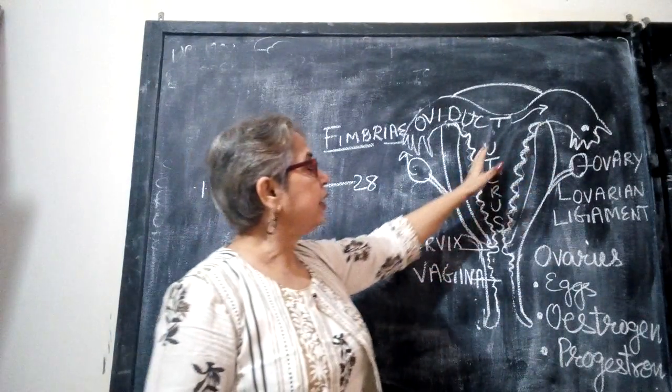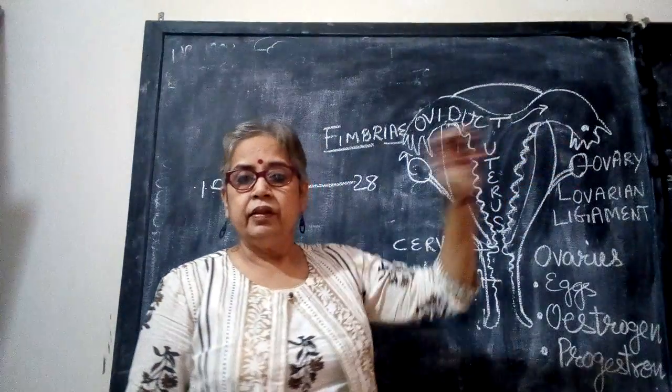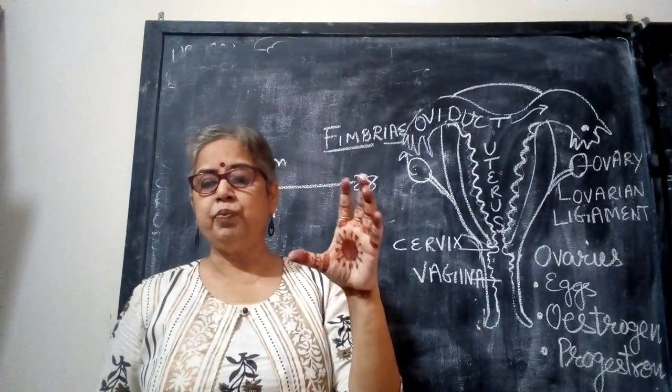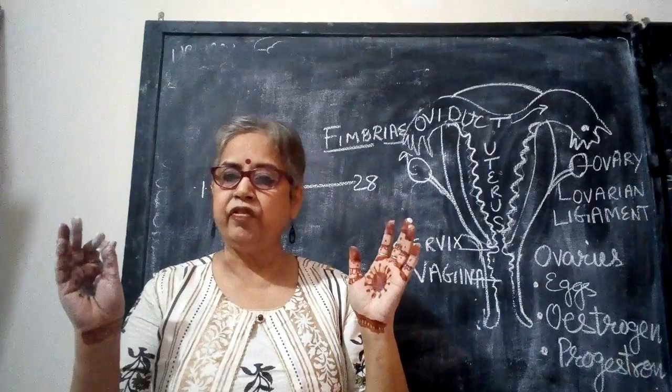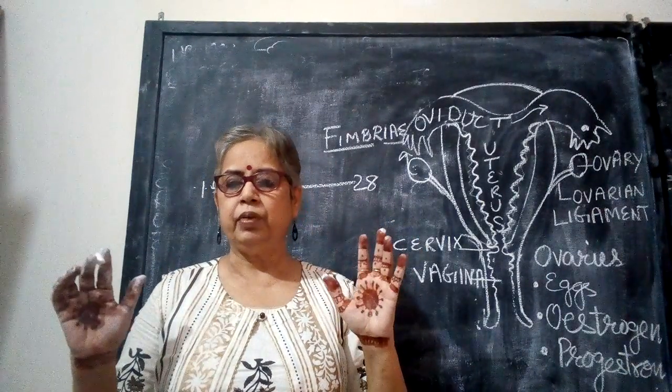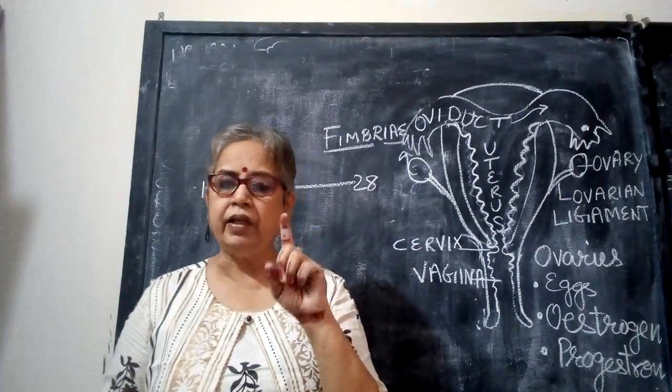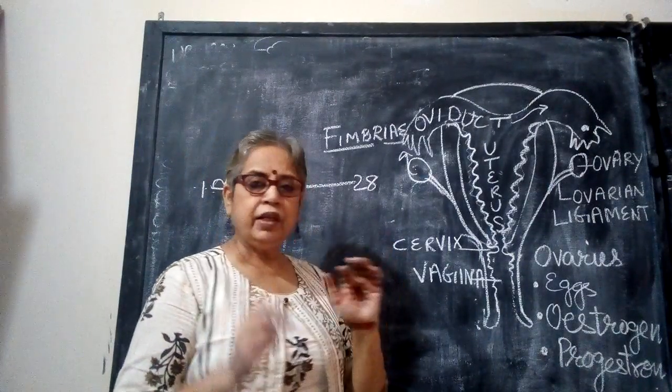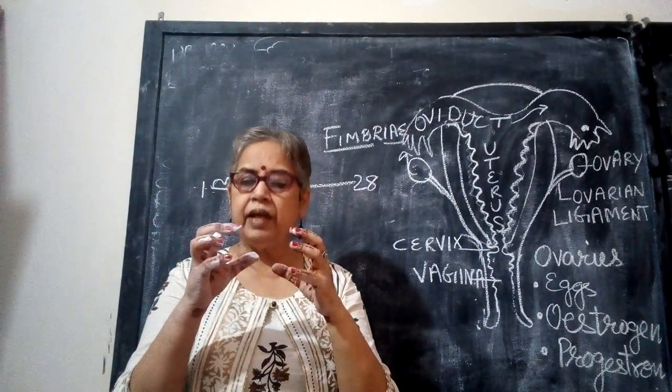Due to chemical stimulation, the egg is swarmed by a large number of sperms. It is not a single sperm. A very large number of sperms are there in one ejaculation. They swarm and surround the egg.